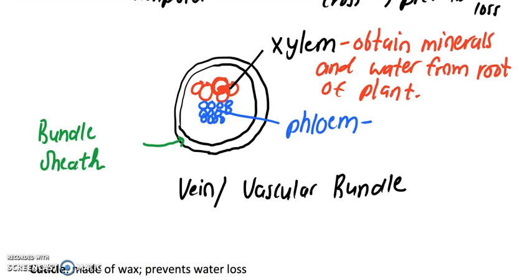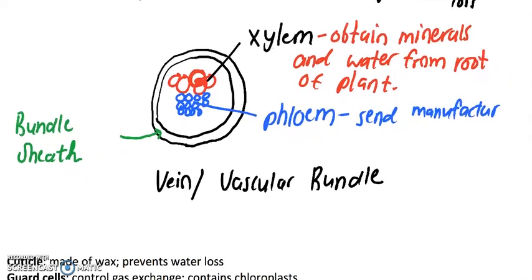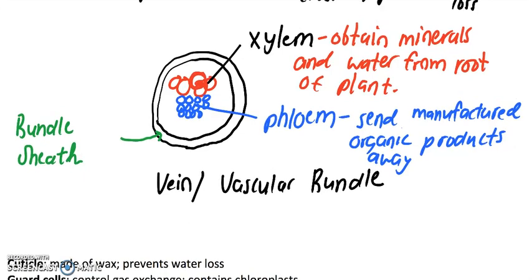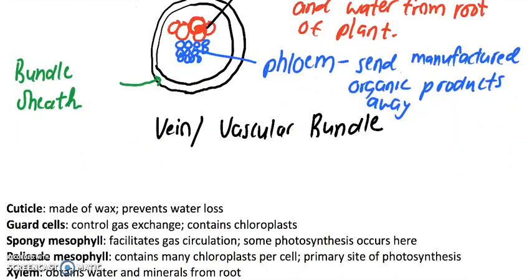It's going to take those manufactured organic products and send them away. So we're going to say it's going to send manufactured organic products, one of which is glucose, away from the plant to other parts of the plant. Okay.